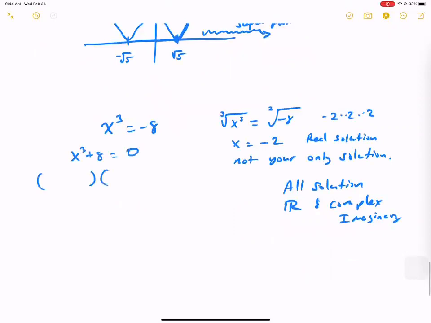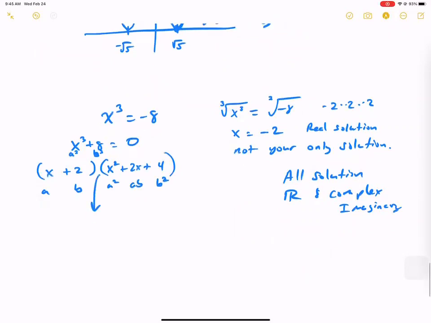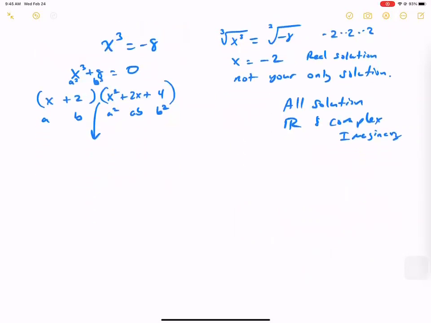You would factor the problem because this is a difference of cubes. So it's going to be x plus 2, and x squared minus 2x plus 4, a squared minus ab plus b squared. And then you would have to use the quadratic formula to solve it.